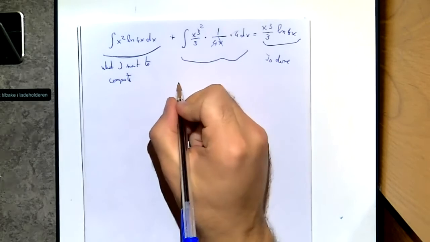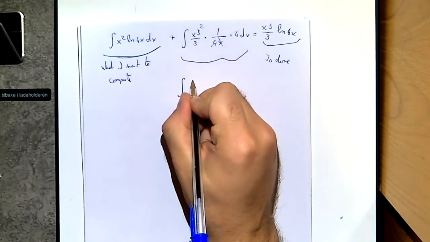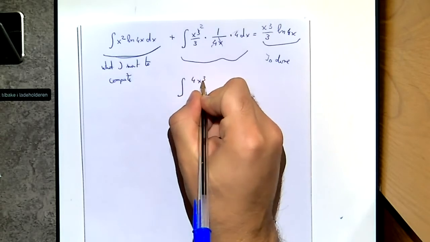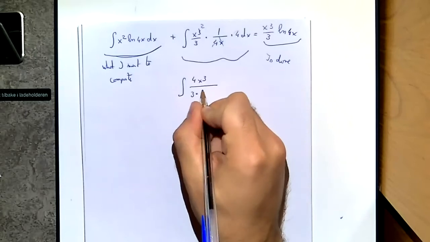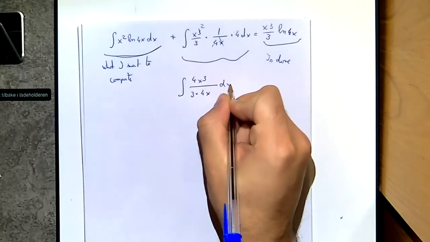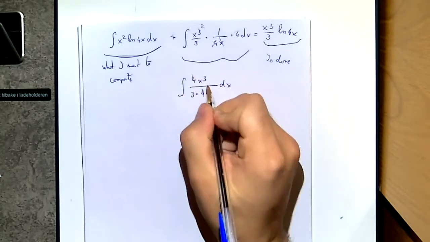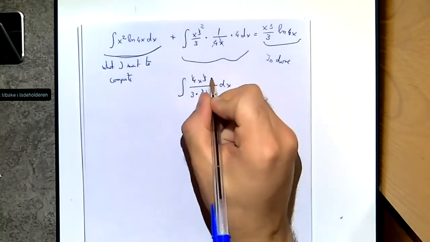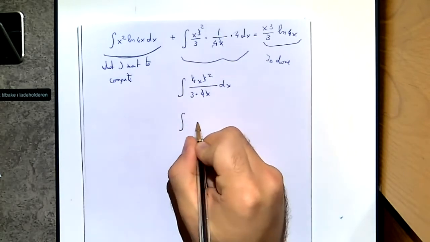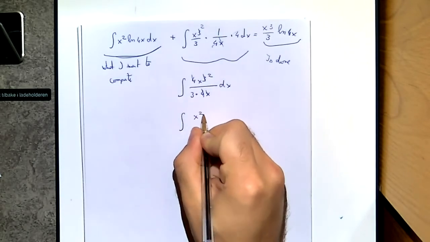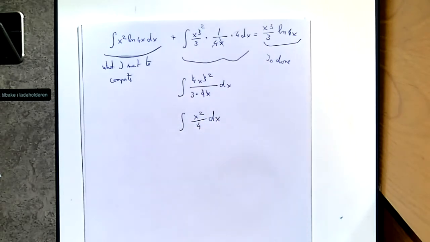Or if you don't like me simplifying from the start, I can write it out: 4x to the third over 3 multiplied by 4x dx. The 4 goes away, and x goes away with the x third, so I got x squared. All I have to do is compute x to the power of 2 over 4 dx.